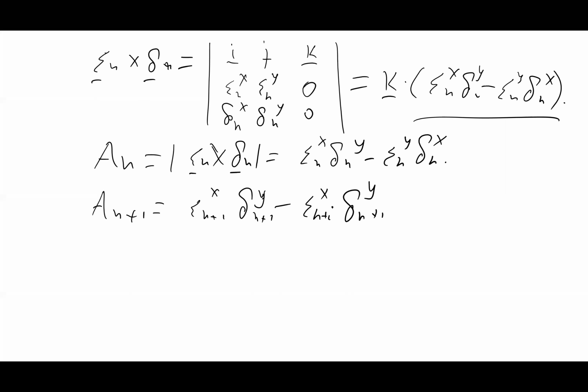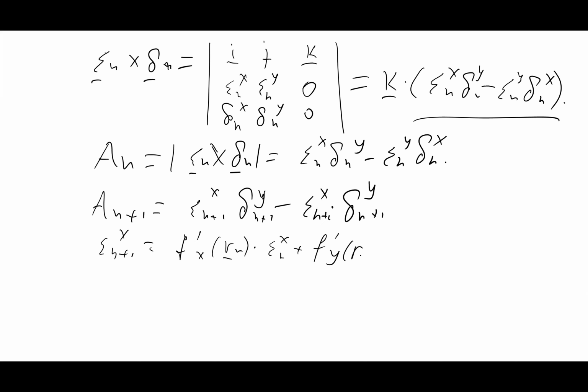So what we found out earlier is that epsilon_{n+1} x is the derivative of f over x at R_n times epsilon_n x plus the derivative of f over y at R_n times epsilon_n y.